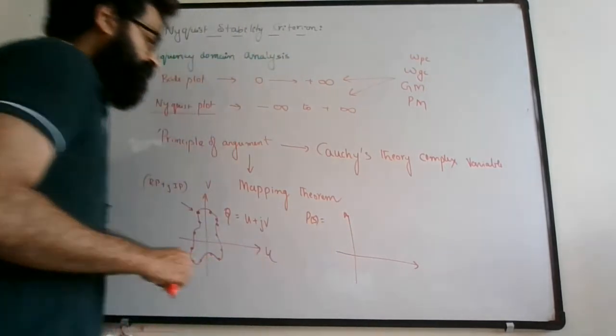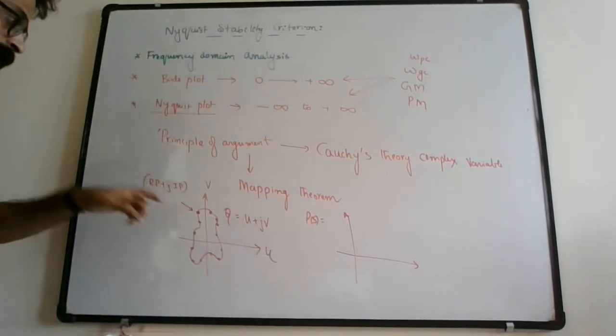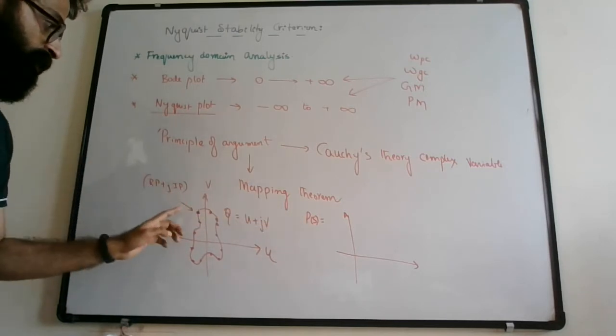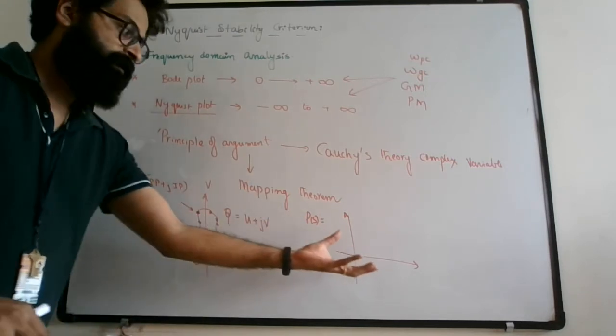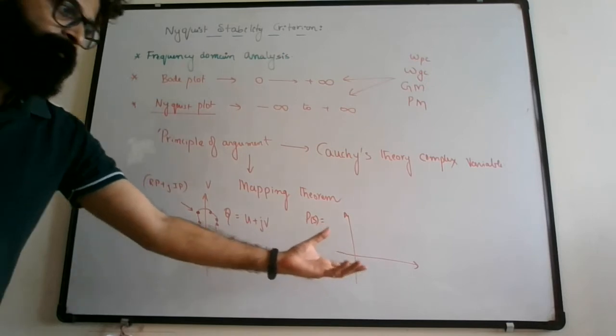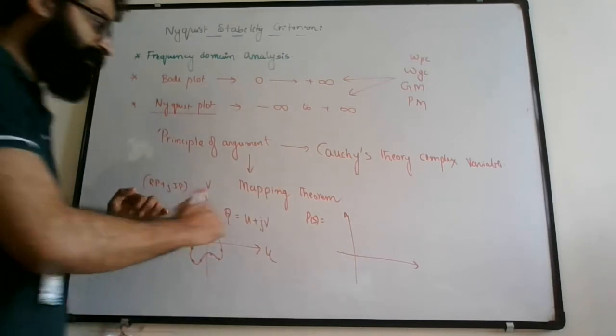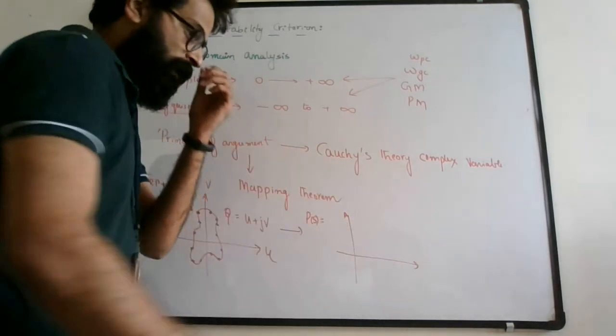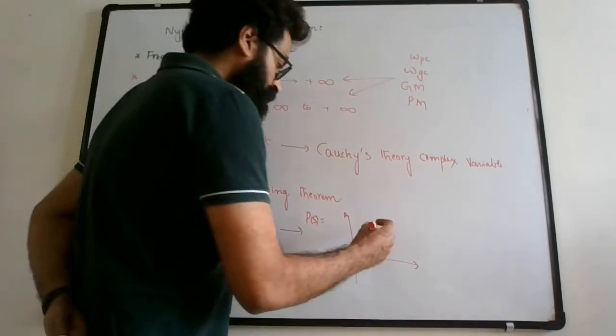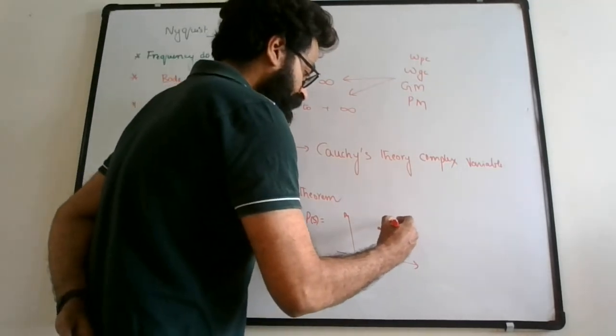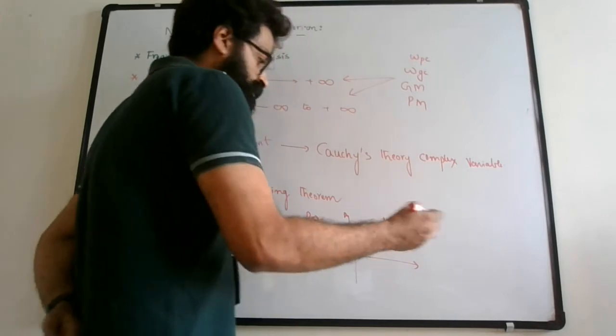So for every point, you get some different magnitude and phase angle. Basically, Cartesian to polar coordinate you are trying to achieve. So you will get some r at an angle theta, and so on and so forth.